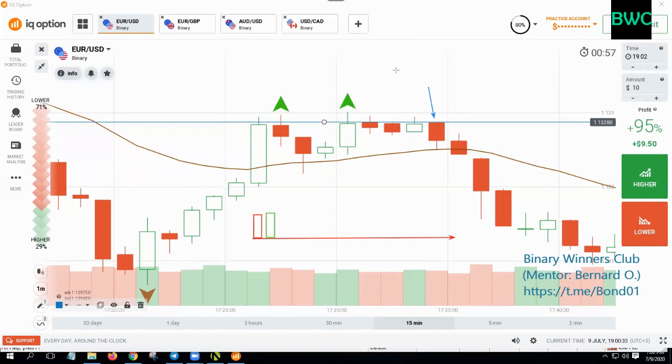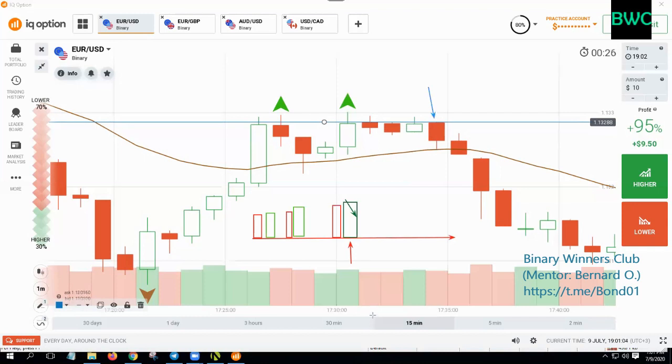Maybe later on, you spot a red candle coming, same level, maybe with a small wick. Next candle stops, goes up. Later on, you see another red candle come to the same level and stop. Now, at that point, you call on the next candle. Most of the time, the next candle is going to be green.